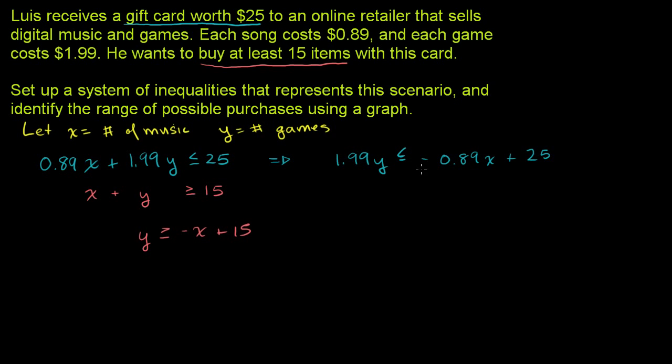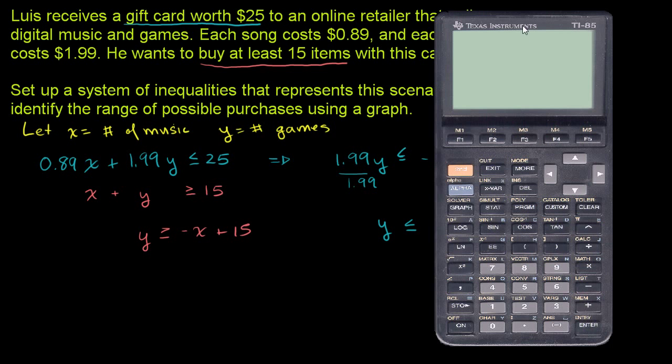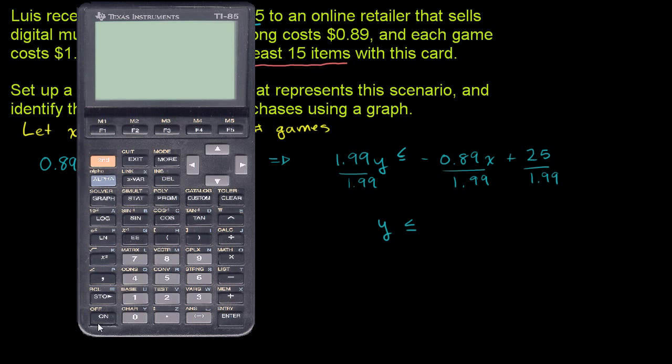This is an inequality. So negative 0.89x plus 25, and then divide both sides by 1.99. Everything is divided by 1.99. And we get y is less than or equal to, well, the calculator will actually be useful for this.